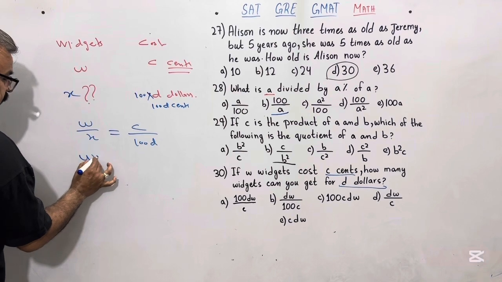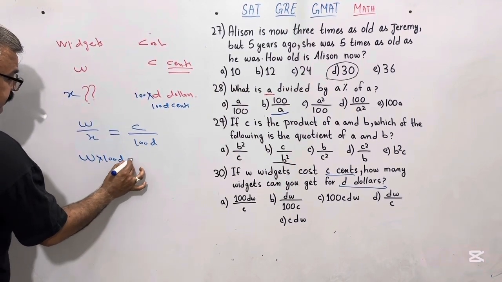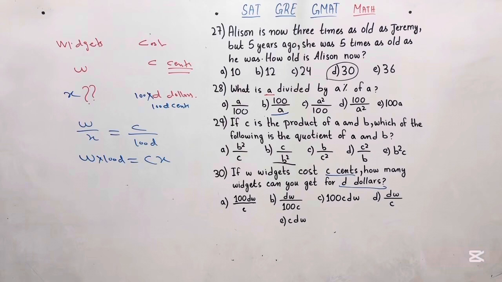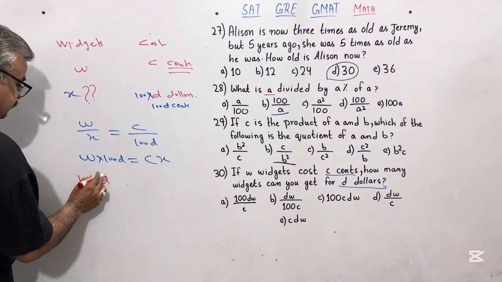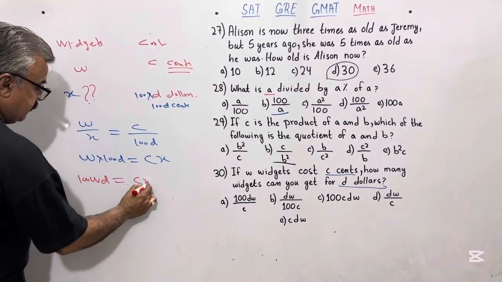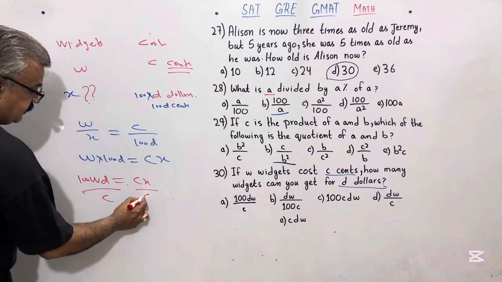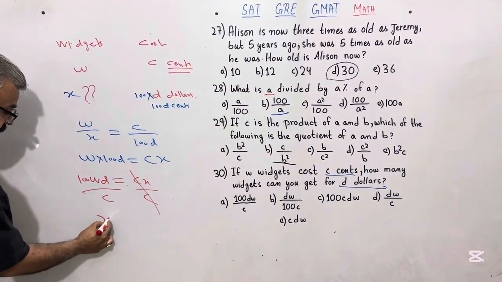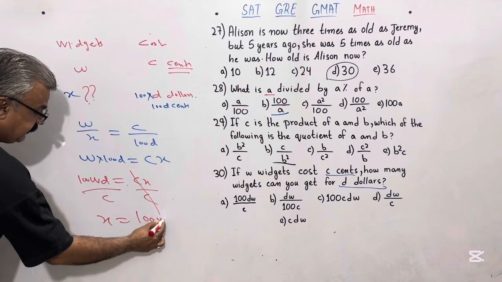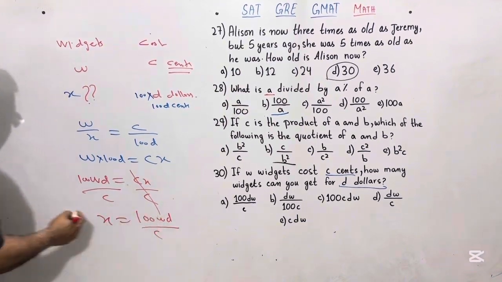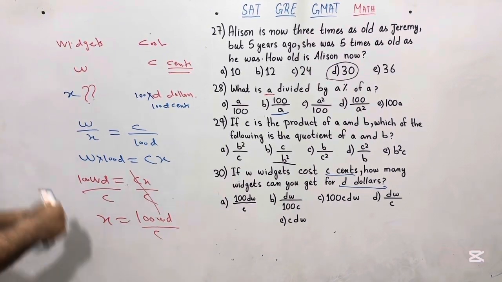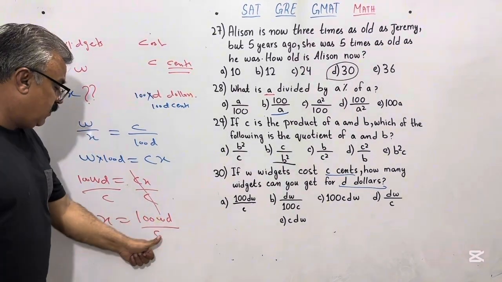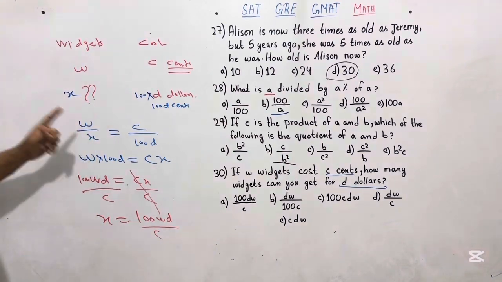We have W times 100D is equal to C times X. We are interested in the value of X. Dividing by C, we have X is equal to 100 times WD over C. That means we can have 100 times W times D over C widgets for D dollars.